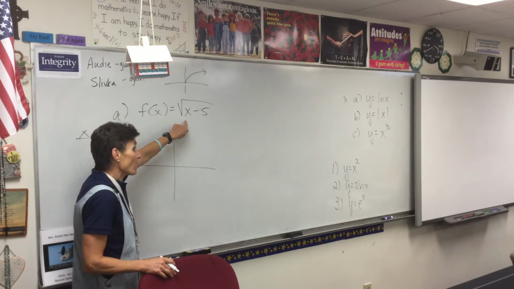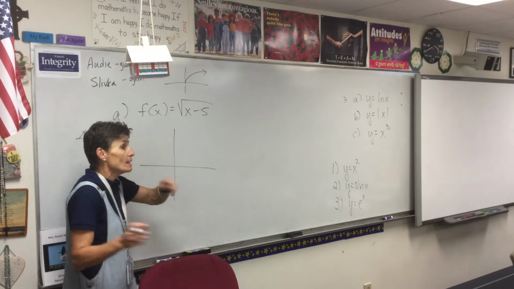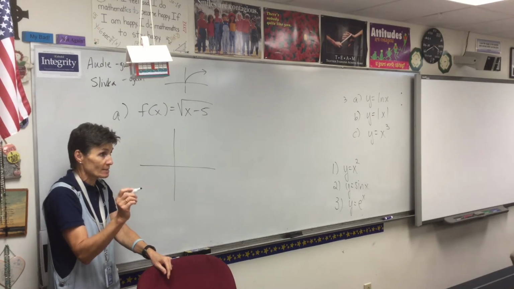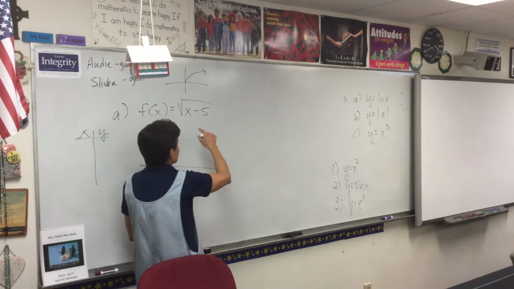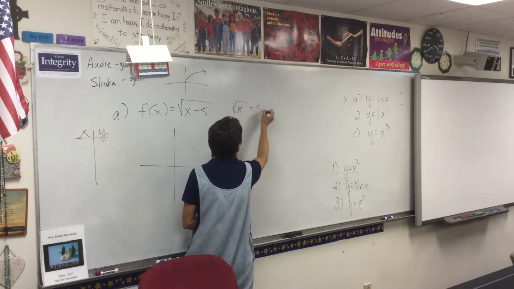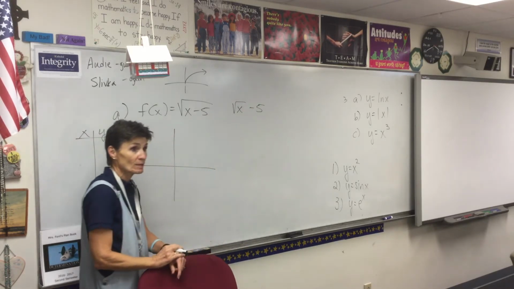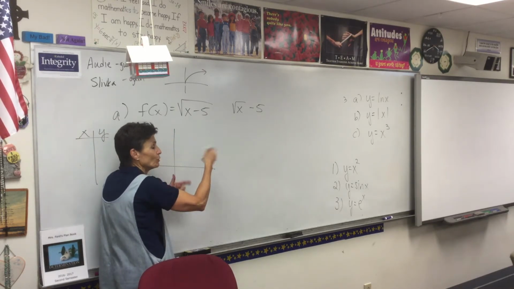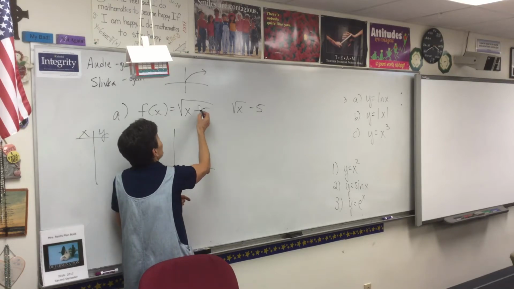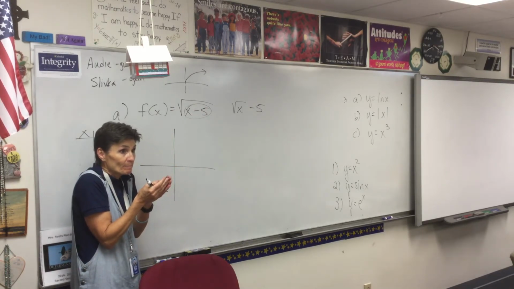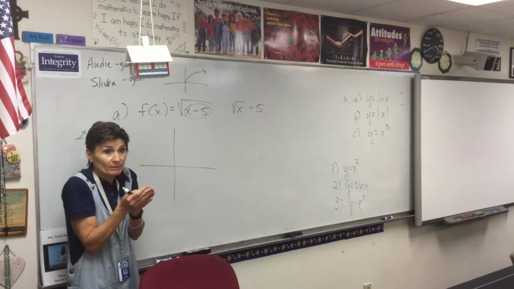When you add or subtract a number from your equation, it's going to move you sideways or up and down depending on where the number is. There is a difference between a -5 here and a -5 here. Do you see the difference? When the -5 or +2 or whatever it is attached directly to the X inside the problem, that's a sideways shift.